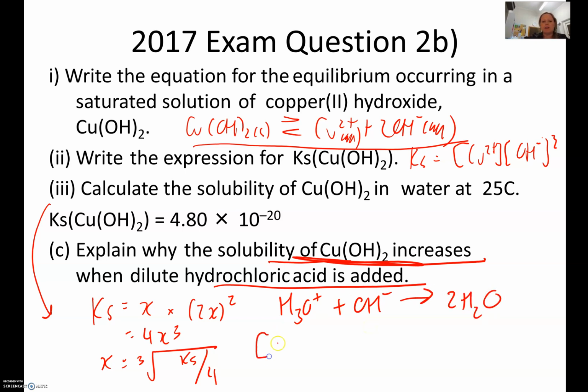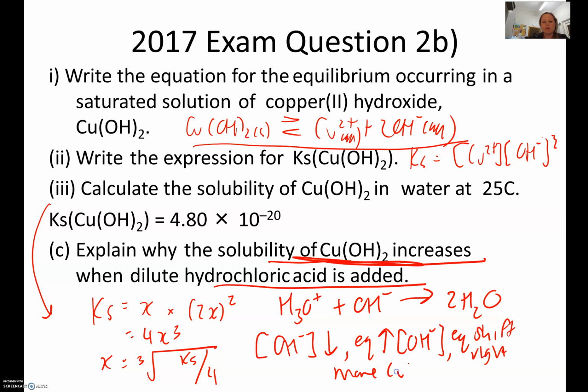And if that happens, the concentration of OH- in our equilibrium is going to decrease, so our equilibrium will shift to increase the concentration of hydroxide ions. It'll do this by shifting to the right. And if it shifts to the right to replace those lost OH-, you're going to get more of the Cu(OH)2 dissolving, and that means that solubility is going to increase.